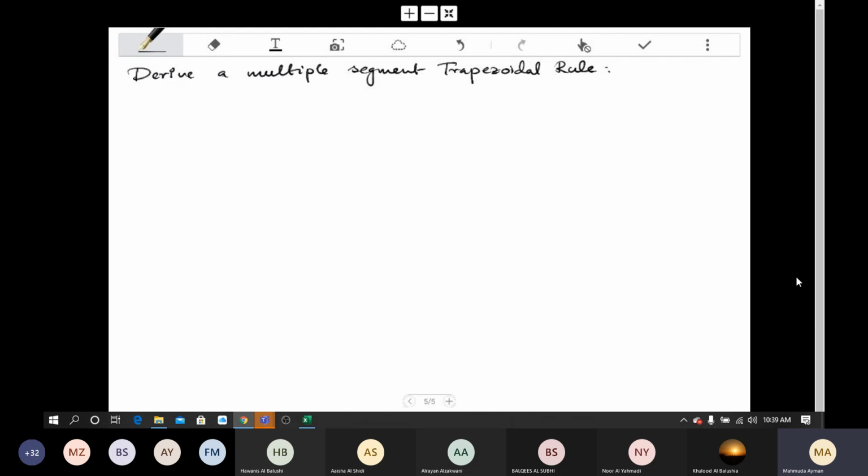So now again, I'll draw the function for you so I can clearly display what I want to say. So here we have f of x and the x-axis, and our function looks like this.